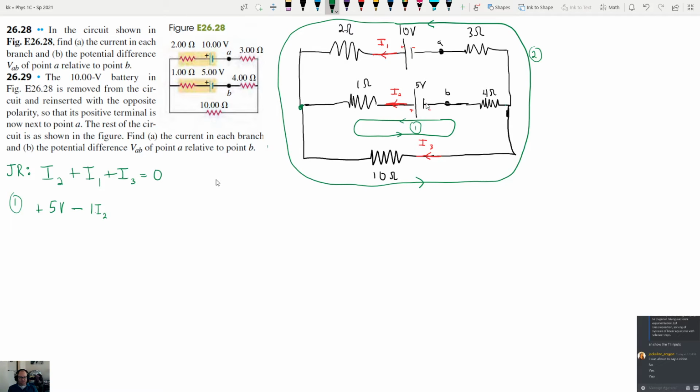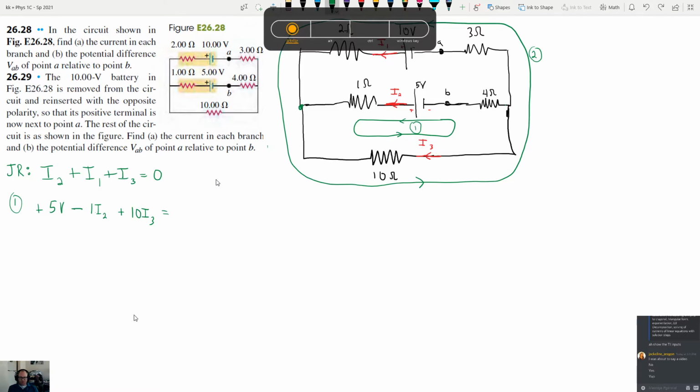Okay, we started at B. We got positive 5, negative 1 I2. What are we going to get in this branch out here? It's going to be 10 I3. Is it positive or negative? We are going against the current, which means we're going upstream or uphill, so it's plus. Going to a higher elevation, the way I always think about it. Oh, not quite 0. We have to add in, finally, this term. So we're also going to have negative 4 I2.